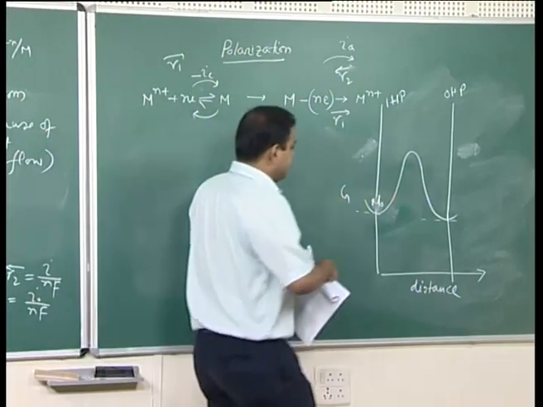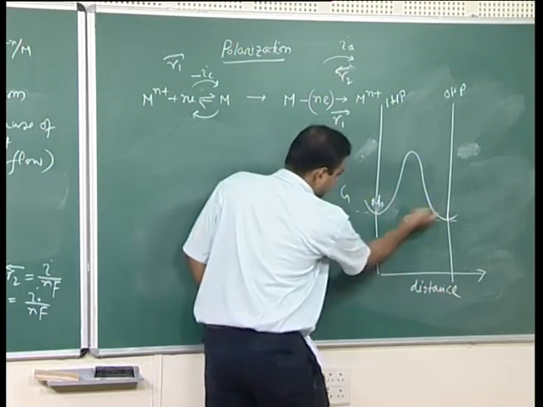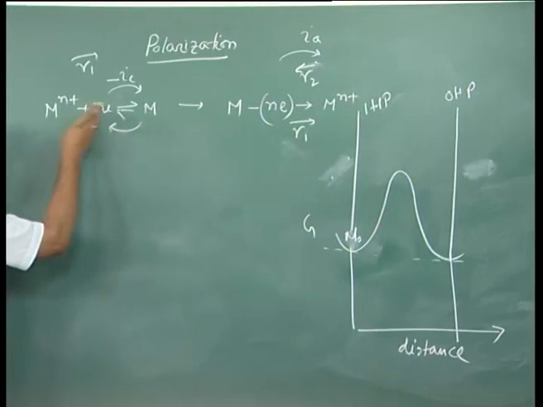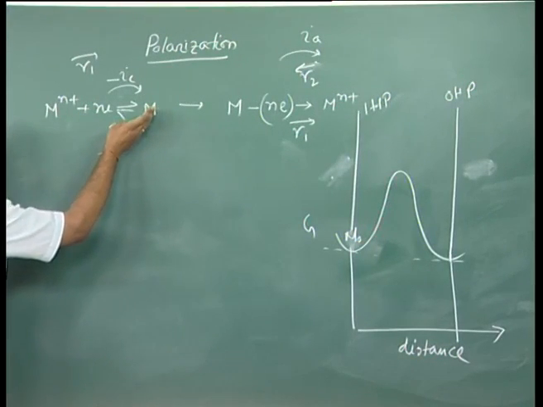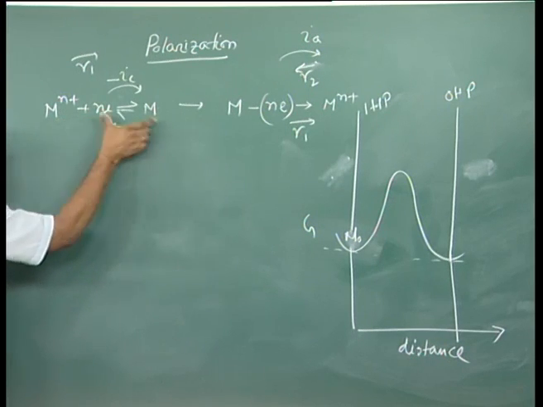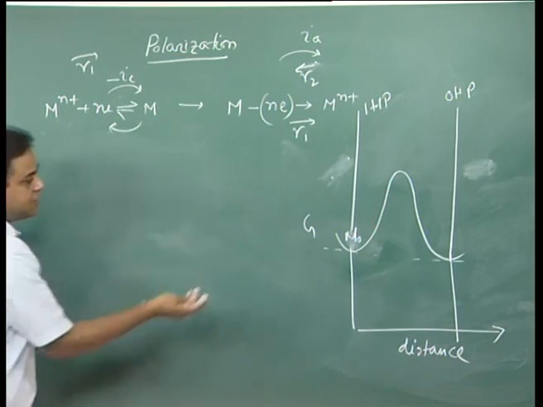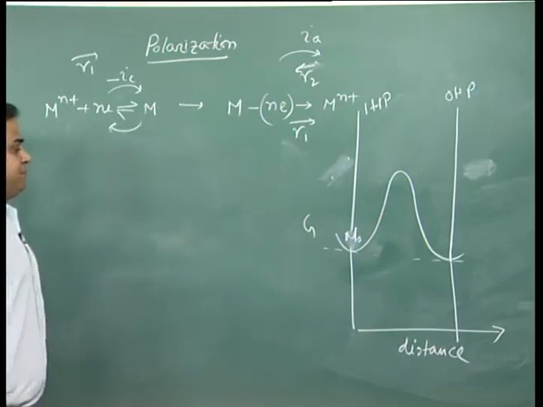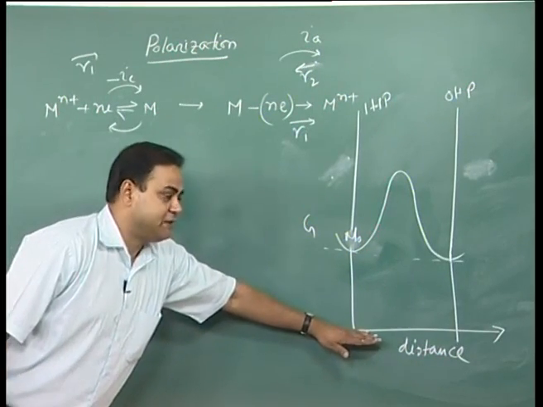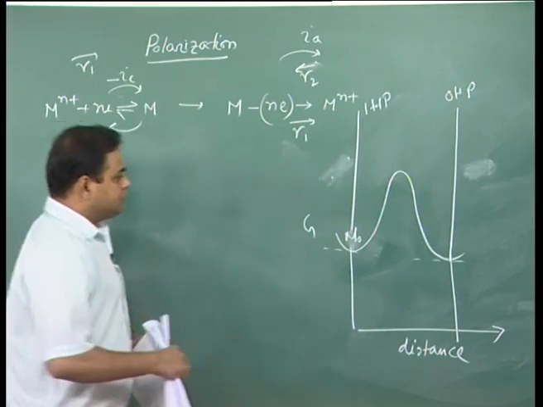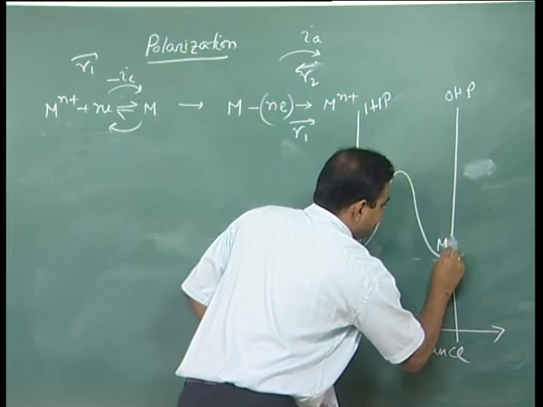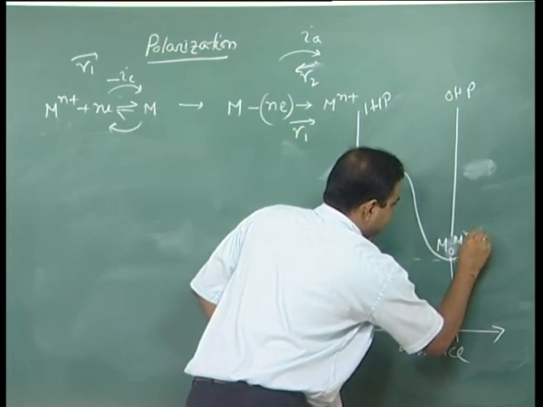In that case, this level and this level will both be the same because it is in equilibrium. So, the free energy state here and the free energy state here would be the same, at equal distance from the reference plane. This side I can put as M0, Mn+.